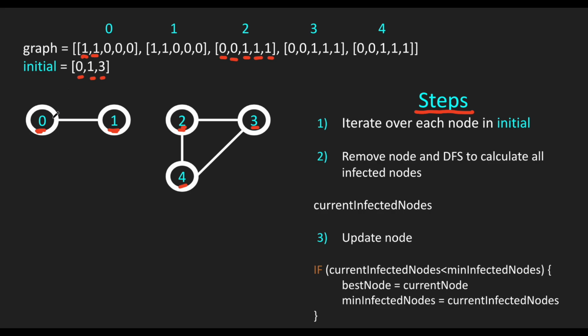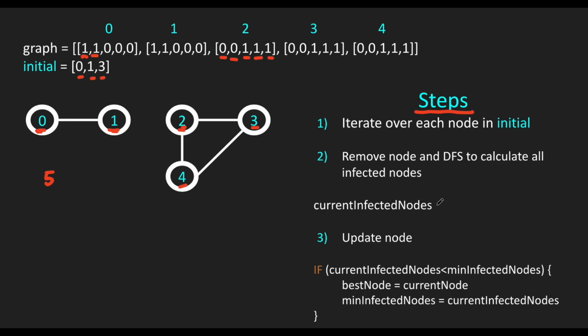If we are removing 0 and we have 1 and 3, the total number of infected nodes would be 5, because if 1 is infected, 0 also is infected, and if 3 is infected, since it's connected to all the other nodes here, all will be infected. So the total number of infected nodes, if we are removing the first one, 0, is 5.